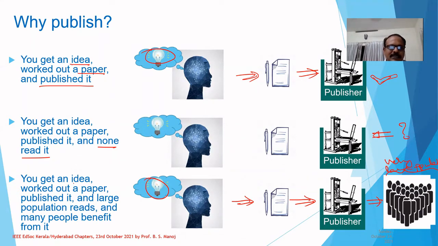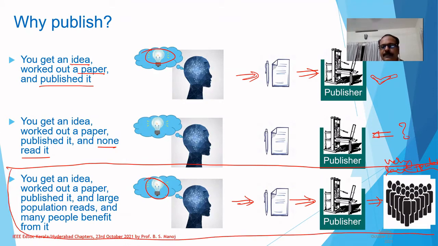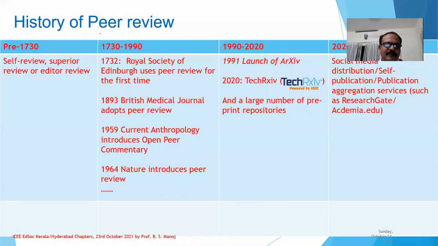This is actually the most important thing, that as a scientist, you should aim to communicate your results to a very large population. So imagine if nobody has read your paper, it's as good as you have not done it or did not even have the idea itself. That's the reason why publication is so important, because if you have not published your ideas, then it's as good as you have not even thought about it.